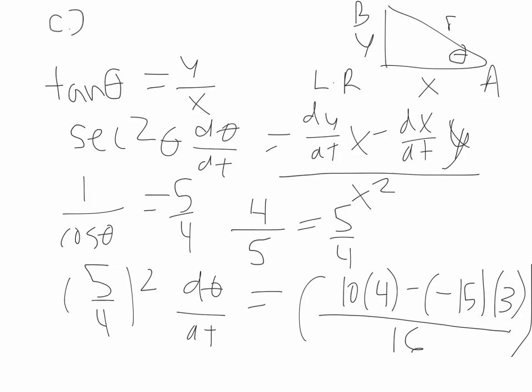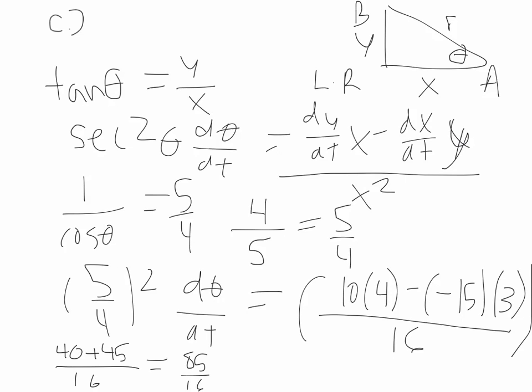Then, once you simplify that, 10 times 4 is 40, minus negative 45, which is really adding 45, all over 16, which equals 85 over 16.